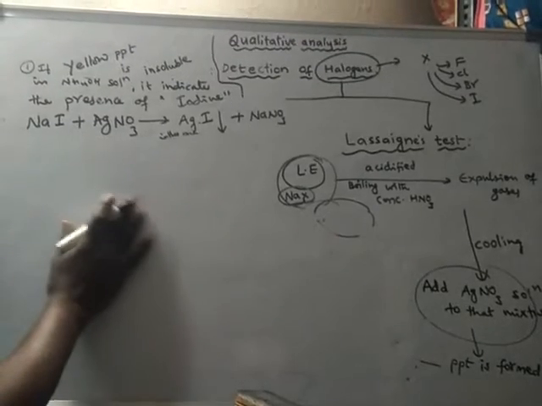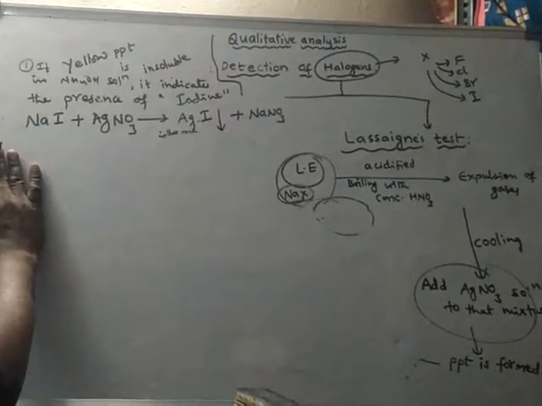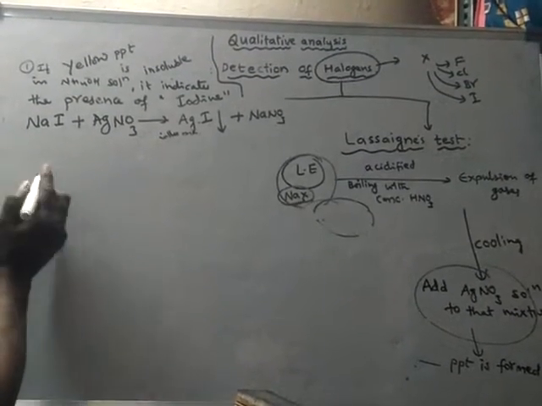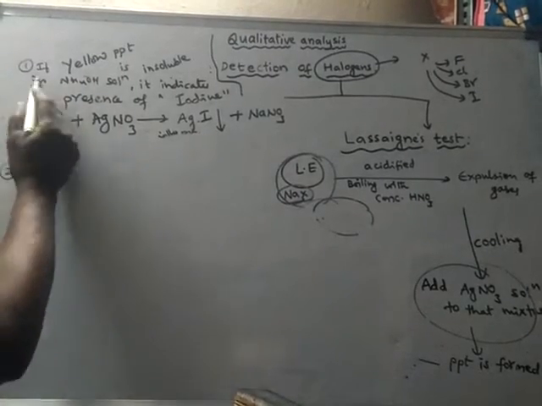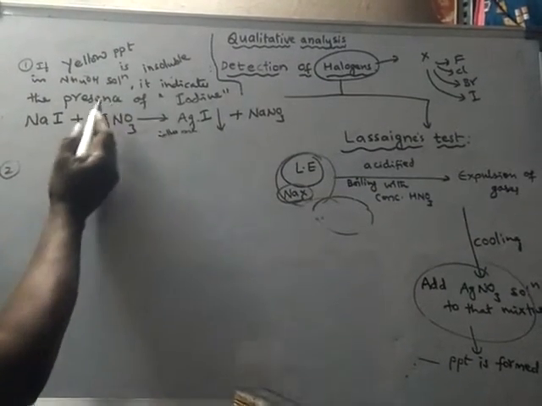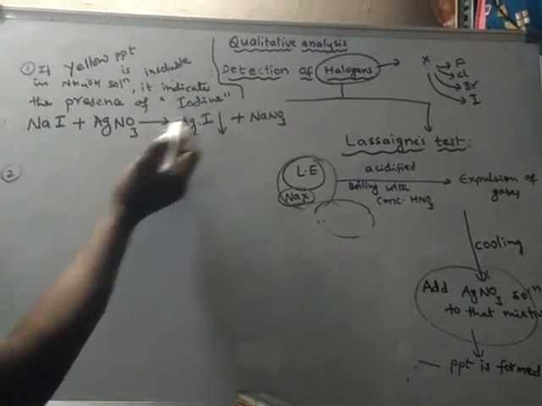So here we can write three points. A bright yellow precipitate, which is insoluble in ammonia solution, indicates the presence of iodine.